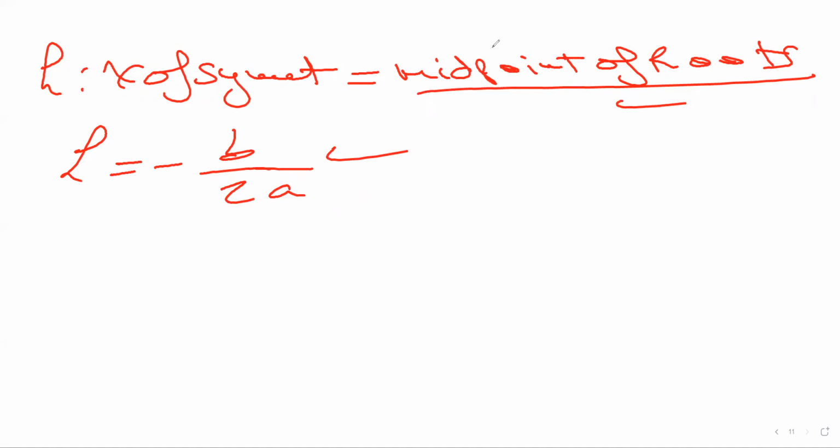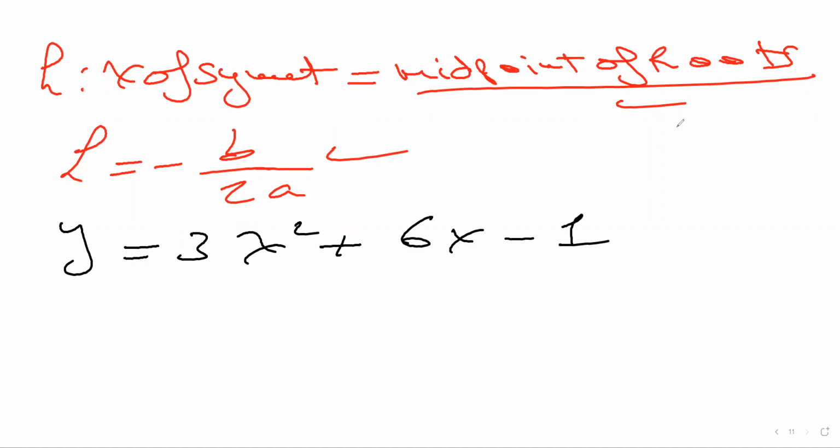Guys, if you have, for example, y equals 3x squared plus 6x minus 1, they might ask you to find the vertex form, the standard form, the y-intercept, which appears as the constant, or the minimum or the maximum.